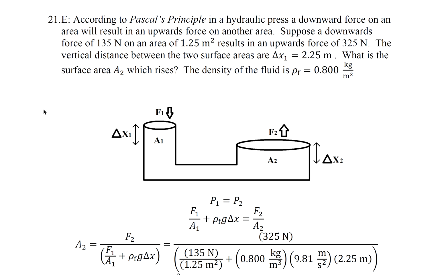Question 21. According to Pascal's principle, in a hydraulic press, a downward force on an area will result in an upward force on another area. Suppose a downward force of 135 newtons on an area of 1.25 meters squared results in an upward force of 325 newtons. The vertical distance between the two surface areas is 2.25 meters.